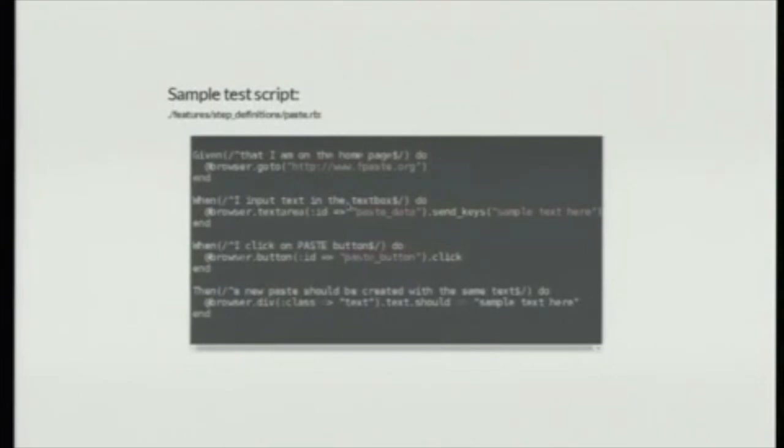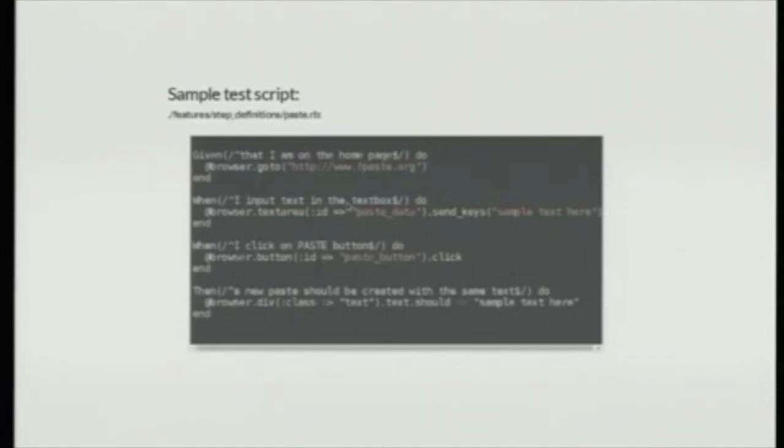This is how the step definition file would look like. I use the same code, but it is written differently in the step definition file. Browser.goto, which we already saw, navigates to the browser.